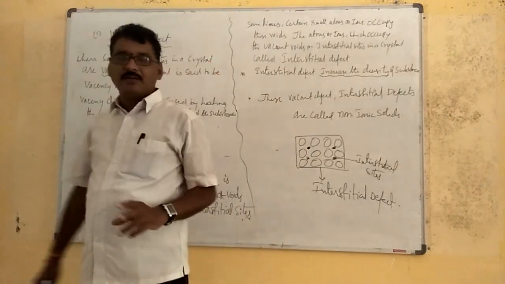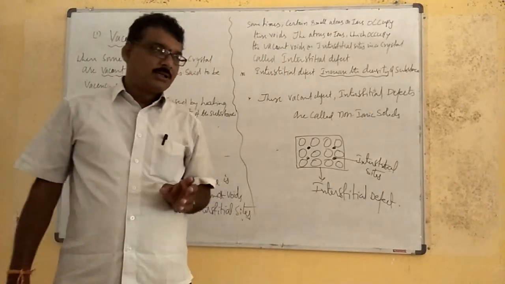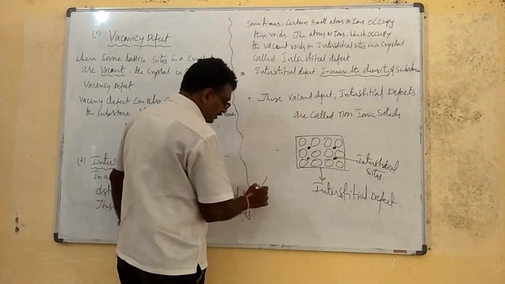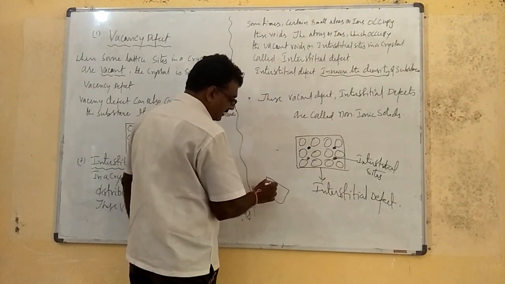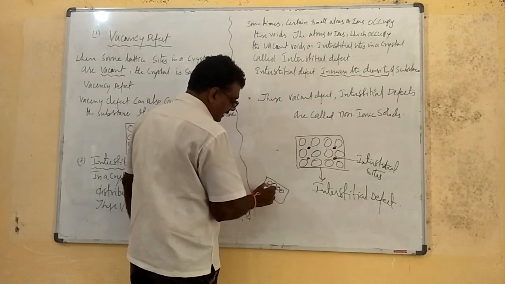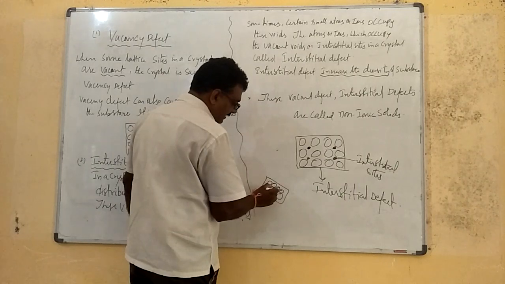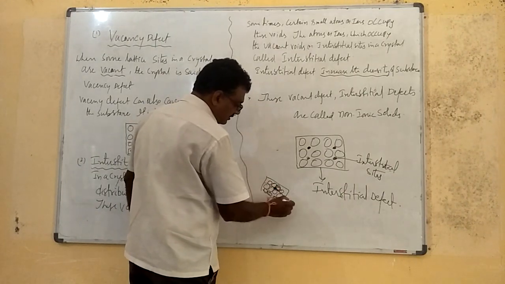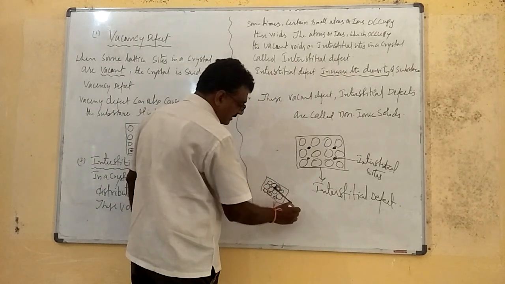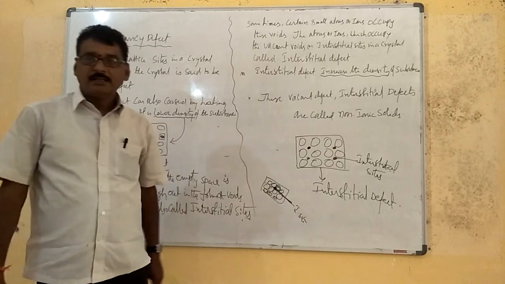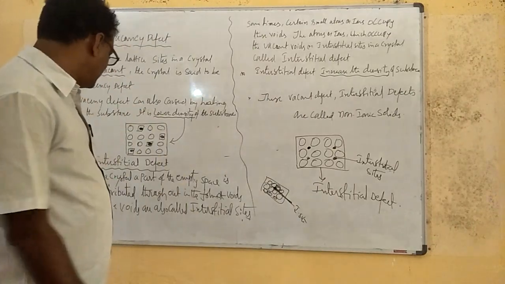Interstitial defect: suppose in a crystal lattice the atoms are arranged in a regular manner. In this regular arrangement, if two metal atoms are adjacent to each other and some space is there, that is called an interstitial site.